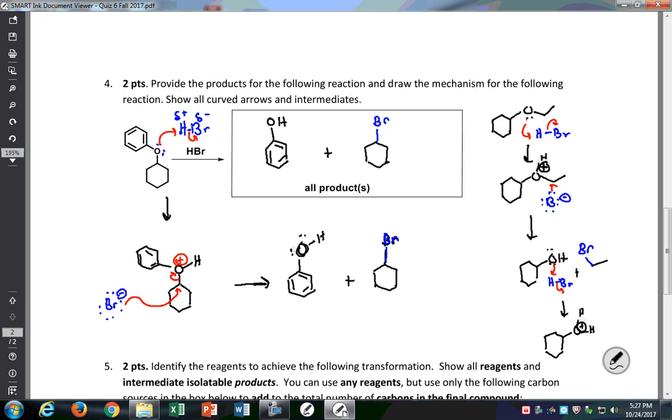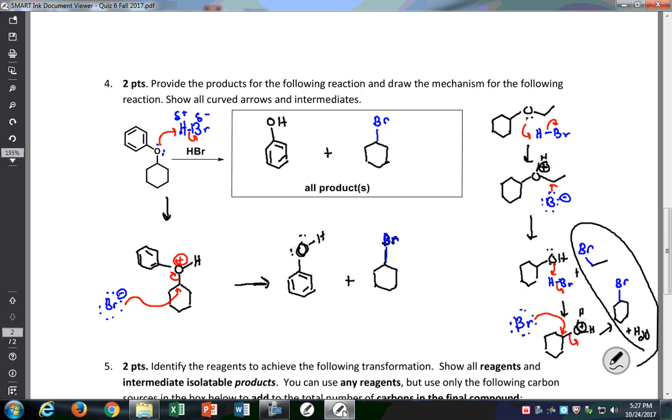And in this case, what you're forming is completely breaking up your phenol, and you lose water. So that's what would happen if you have anything other than phenol. And that would be your products. But we have phenol, so we stop here.